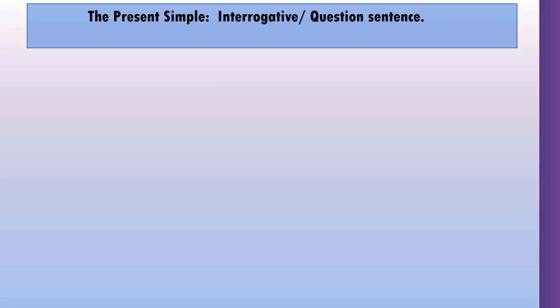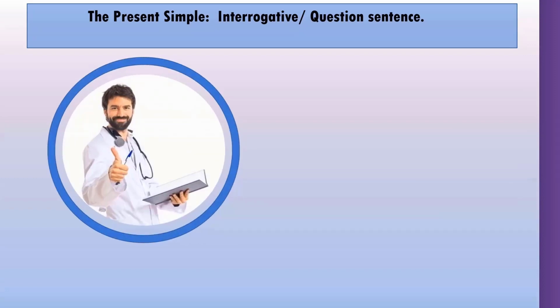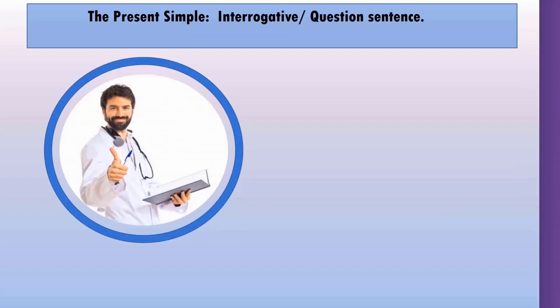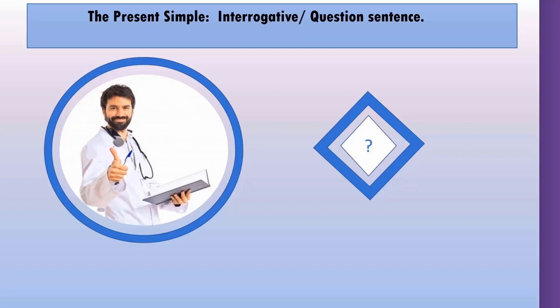Okay, so let's make a question now. So I want you to make a question for this picture, and I want you to think about a question that's going to have a positive answer.